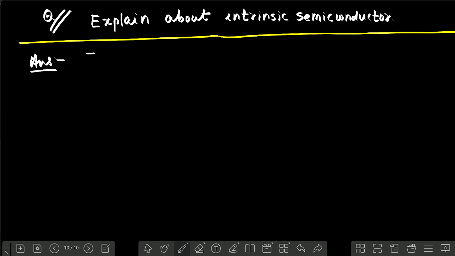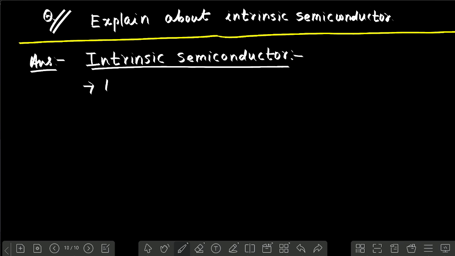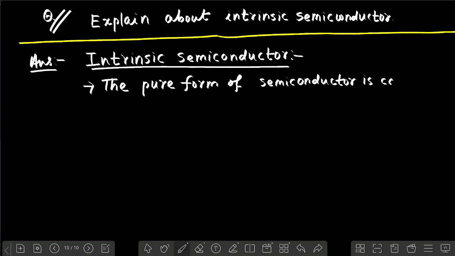So everyone write heading 1: Intrinsic semiconductor. What is intrinsic semiconductor? Now the pure form of semiconductor is called intrinsic semiconductor.